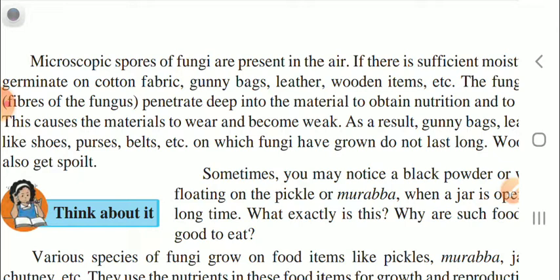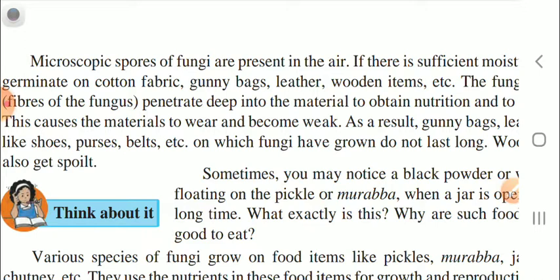Why are they getting deep? Because they have to obtain the nutrition from those, and they want to reproduce. Now, why, children, do they have to obtain nutrition from them? Because they are heterotrophic.